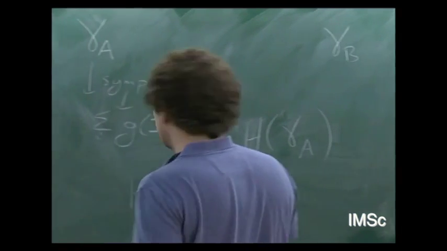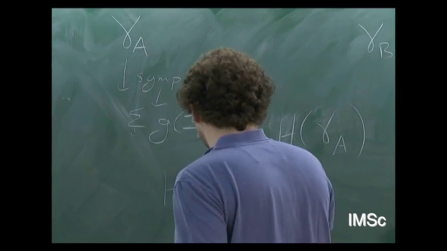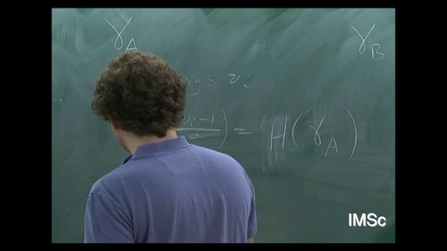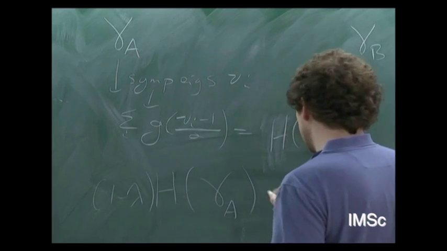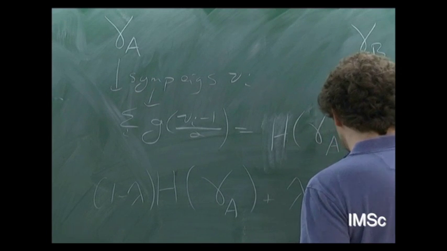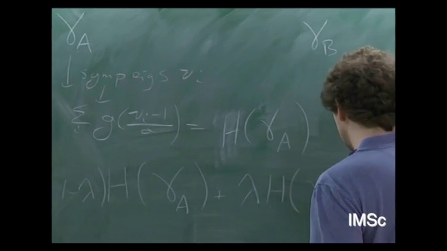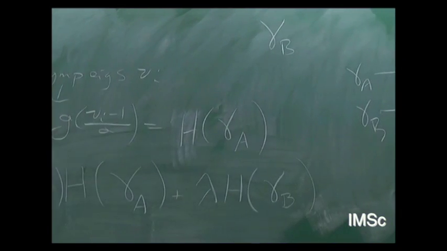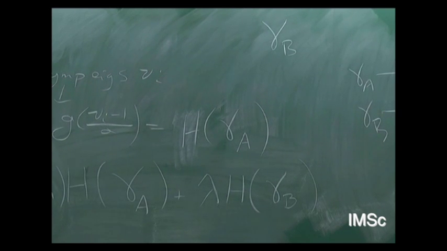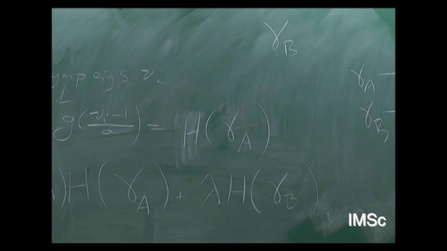So then this tells us something about this function on covariance matrices. It tells us that 1 minus lambda times the entropy associated with the covariance matrix gamma A plus lambda times the entropy associated with the covariance matrix gamma B is a lower bound for the entropy of the average covariance matrix.